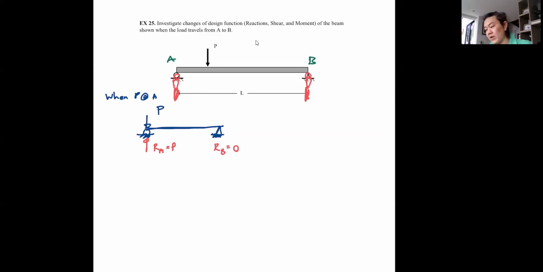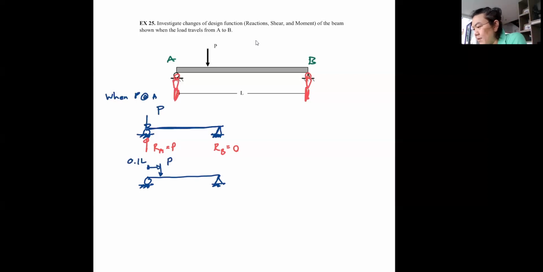So now, because we are talking about the moving load, I'm just going to start moving the load around. Let me move the load a little bit further to the right. Let's say P now is at the location 0.1 L. We move the load 10% of the length of the beam.